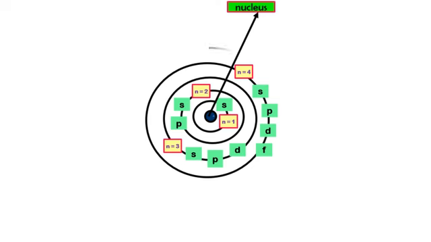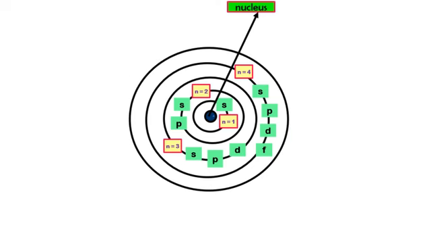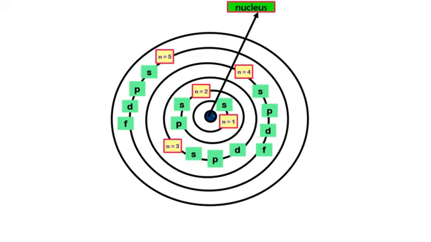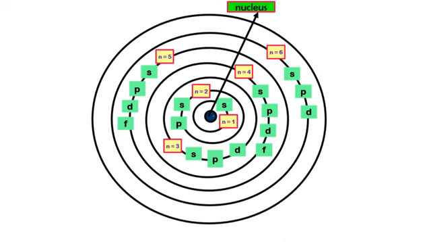In the next orbit, it is the fifth energy level, n equals 5, and we can see there the s, p, d, f sublevels. In the sixth orbit or the sixth energy level, represented by n equals 6, the sublevels are s, p, and d. And in the last orbit, we have n equals 7 because it is the seventh energy level. The sublevels are s and p.